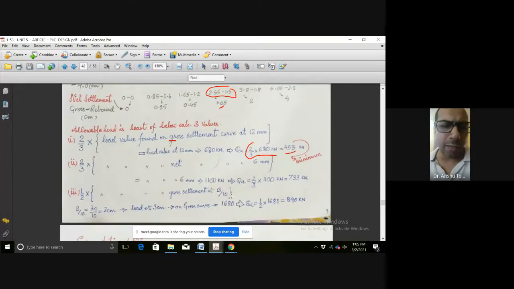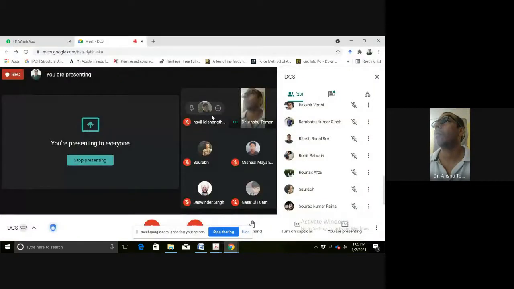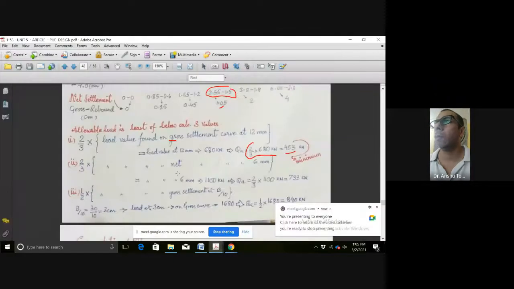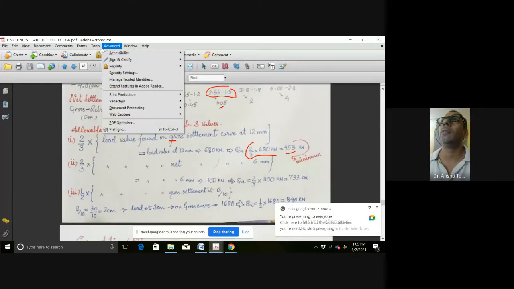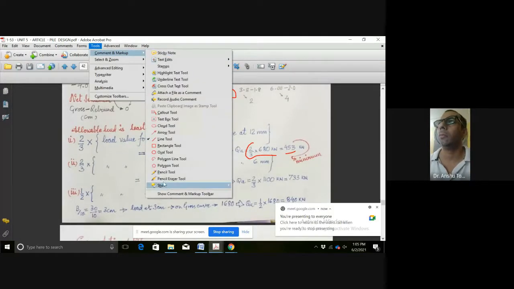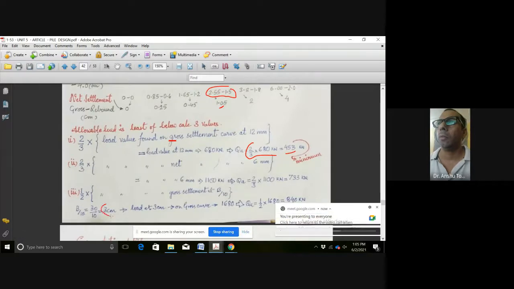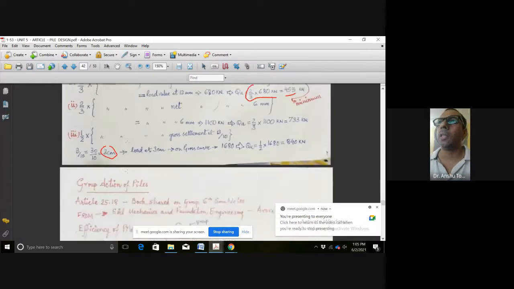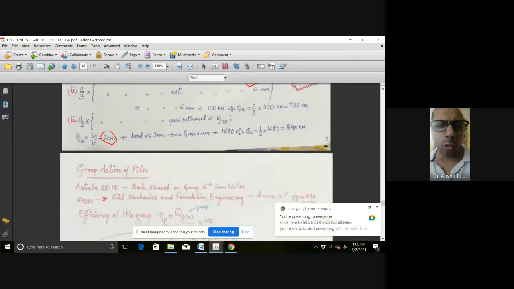So 30 divided by 10, all the values are in centimeter, is going to be 3 centimeter. Now we have to look at the values at 3 centimeter settlement on the gross settlement curve.